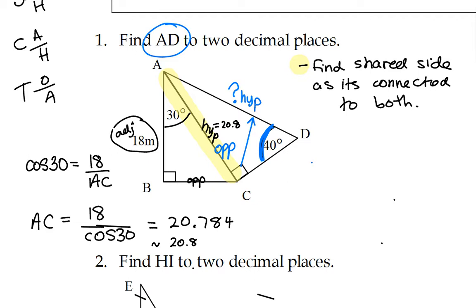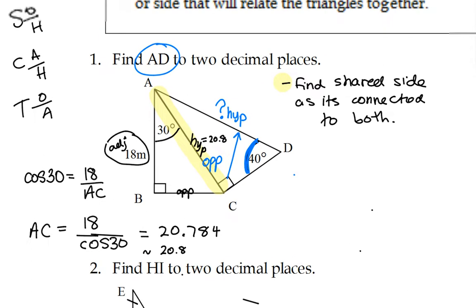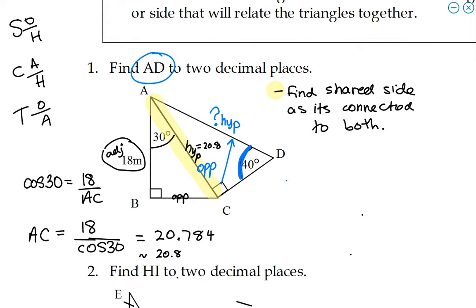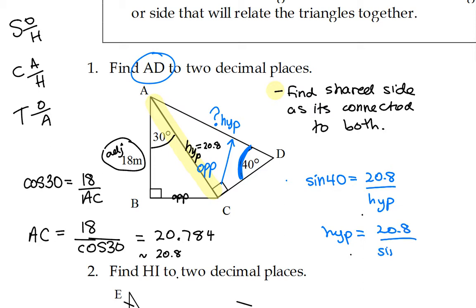So then which formula are we using to do opp and hypotenuse? So, who said that? Good. Good man. Sine 40, opp over hypotenuse. 20.8 over hypotenuse. This is another cross multiply switch. 20.8 over the sine 40.